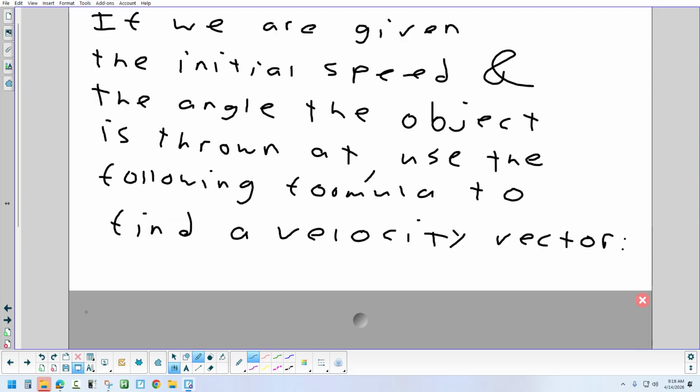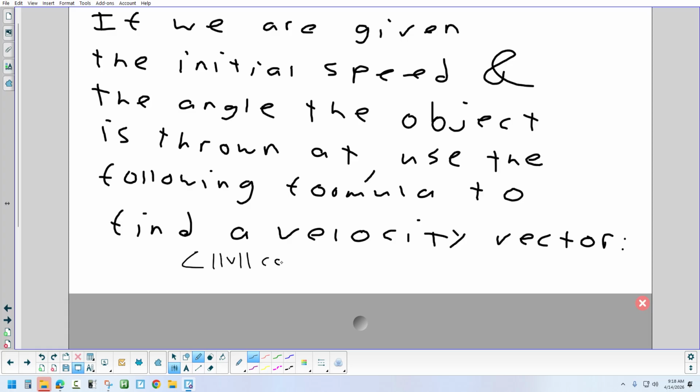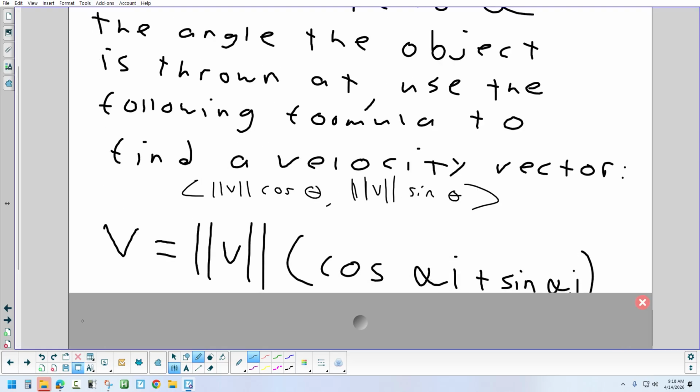Let's write this down. So magnitude cosine and magnitude sine. If you want to write it with the unit vector, i's and j's, we can do that too.